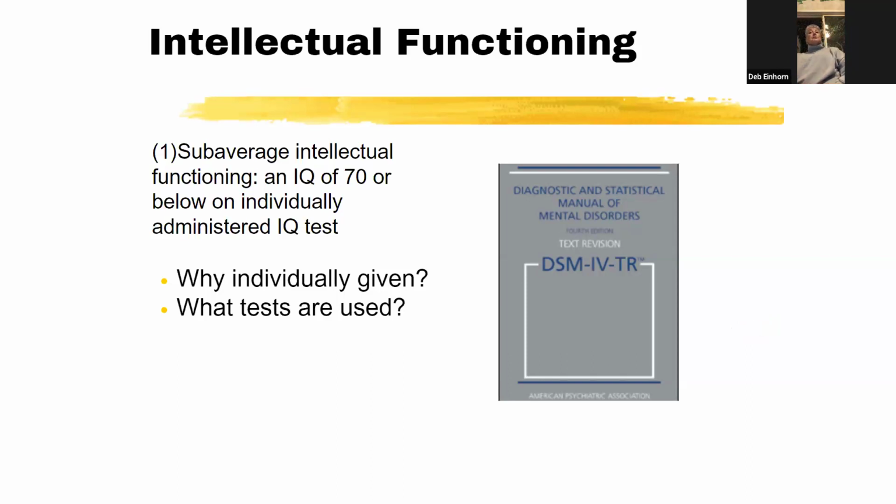These tests are individually given and are individually scored. So the most common ones used in school are usually the Wechsler Intelligence Scale for Children, the WISC. That's the one we most often see being used in schools.